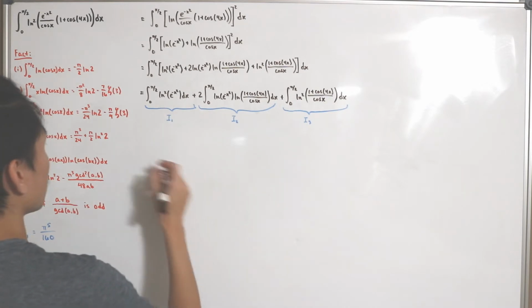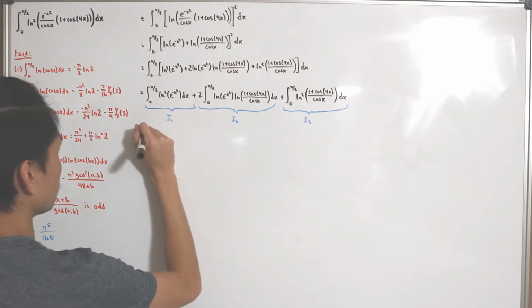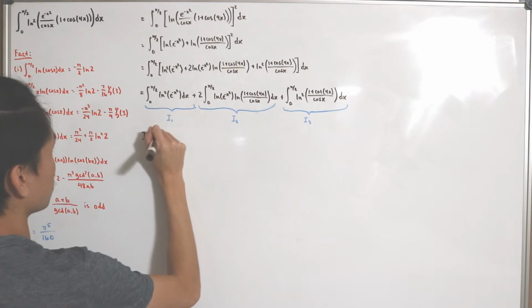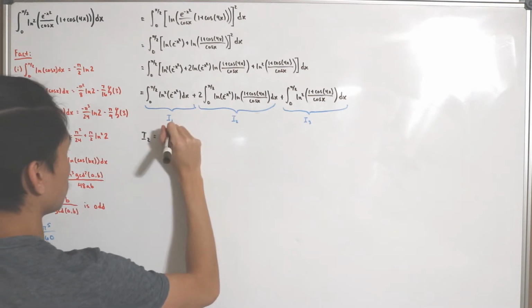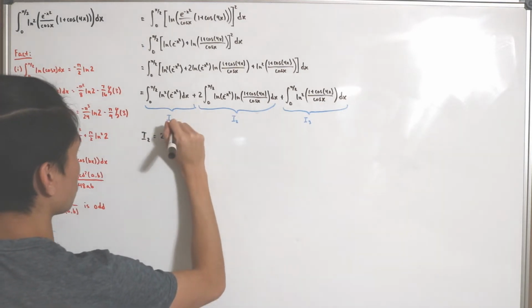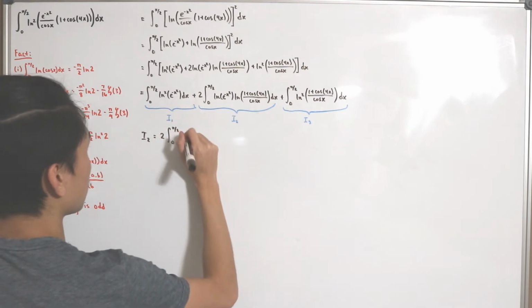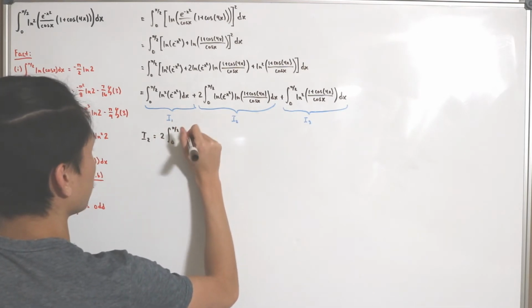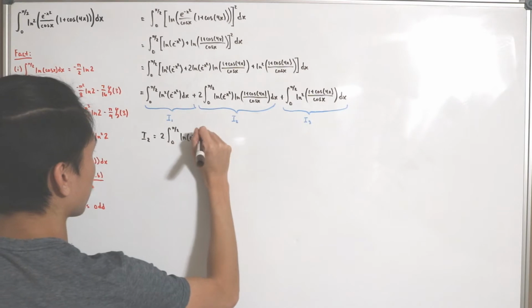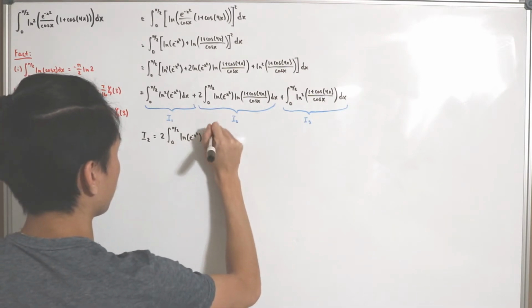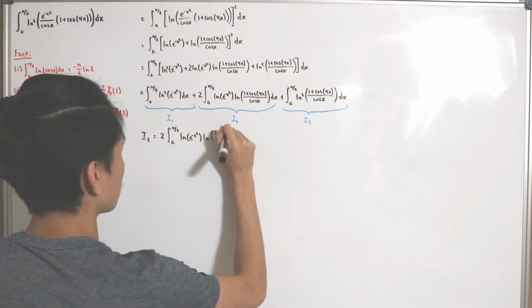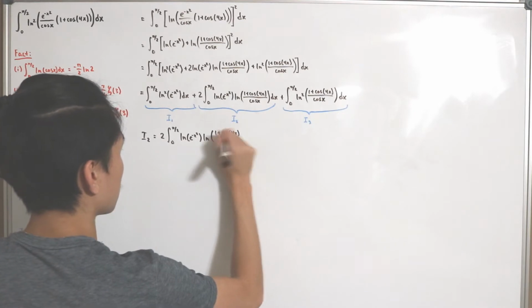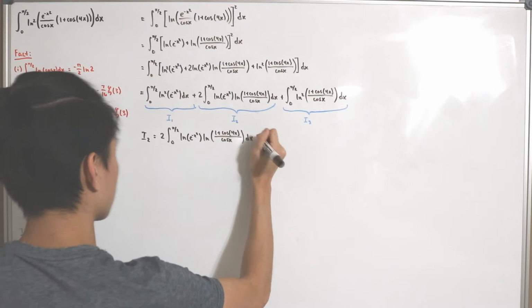All right. So I sub 2 is equal to 2 times the integral from 0 to pi over 2 of ln of e to the negative x squared, then multiplied by ln of (1 plus cosine of 4x) divided by cosine x dx.